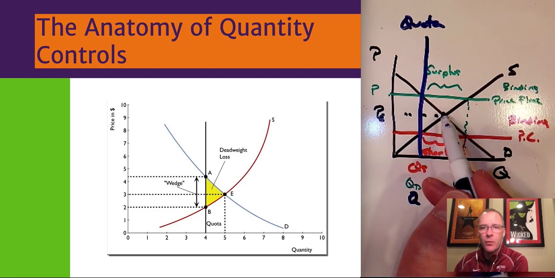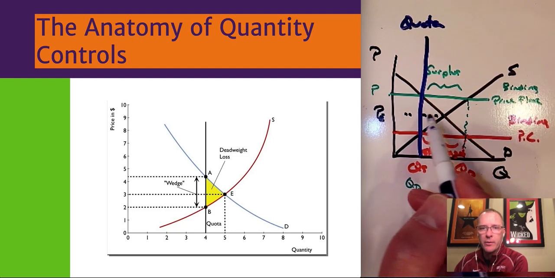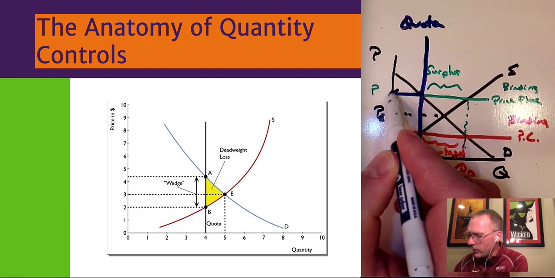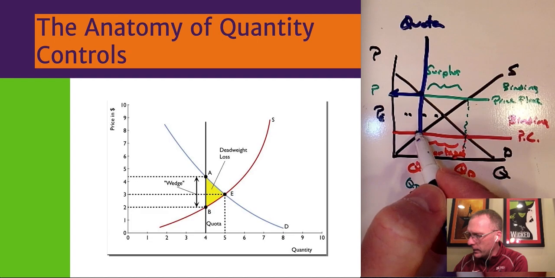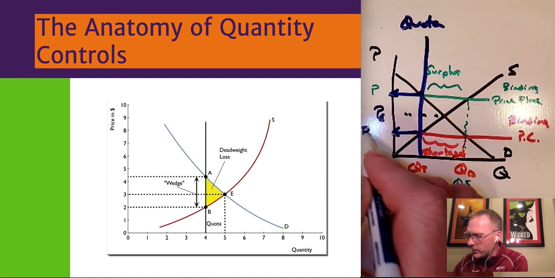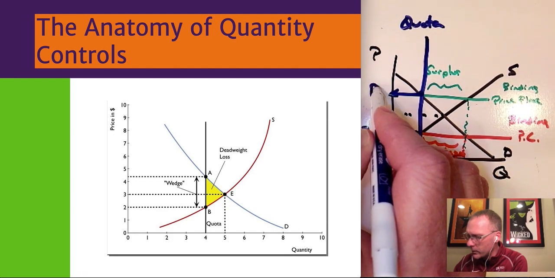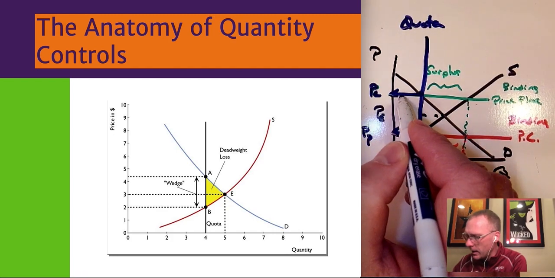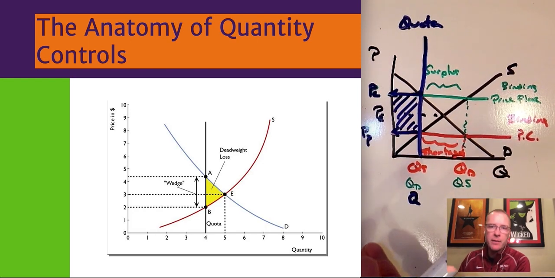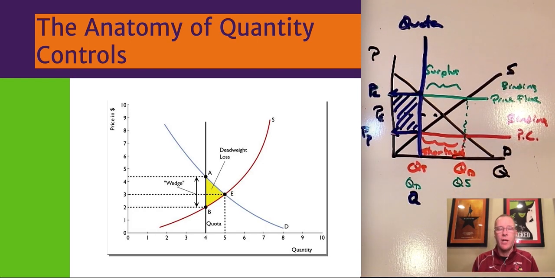When that happens, of course, we're short of equilibrium in terms of quantities. This is a quantity control that will do things like jack the price up for the consumer. Again, here the producer is going to pay a different price. So this is the price for producers. This now is price for the consumers. And then we get this box in here. And that box is going to be the wedge that's jammed in, and we refer to that as rent.